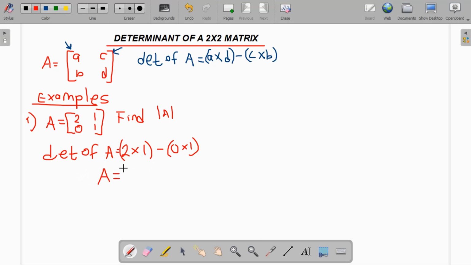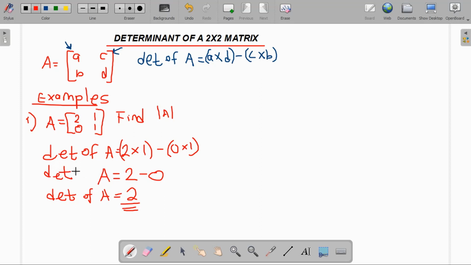So 2 multiplied by 1 gives us 2, minus 0 times 1 gives us 0. The determinant of A is 2 take away 0, which gives us 2. So that is how we find the determinant of a given matrix.